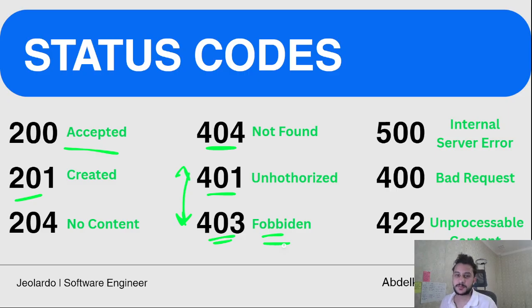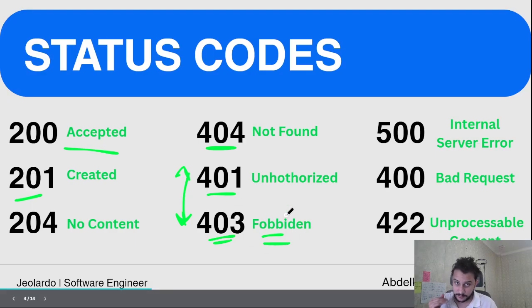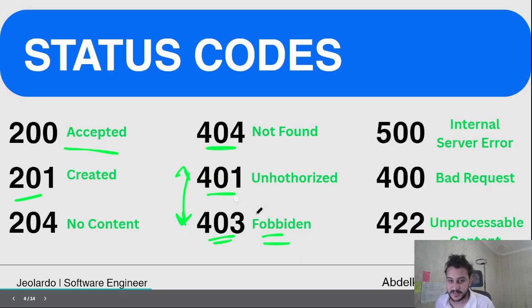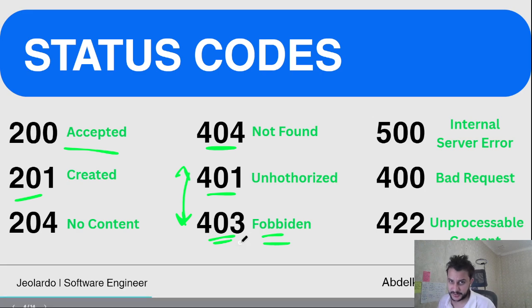For example, the dashboard. If you are a normal user, a normal client, you don't have permission to access the admin dashboard. You don't have permission to see all the orders, to see all the payments. So this is only for some roles on the system. For example, the admin of the system can be the only one to access this protected route.